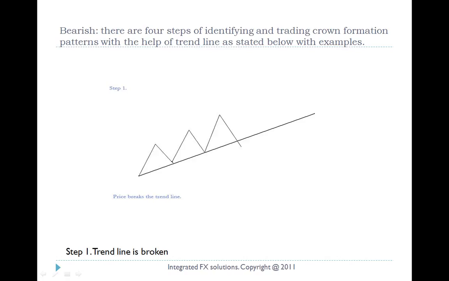Price was initially trading bouncing on the bullish trend line. Step 1 is the trend line is broken. Price was initially trading bullish, bouncing on the trend line, and once the trend line is broken, that's the first step.